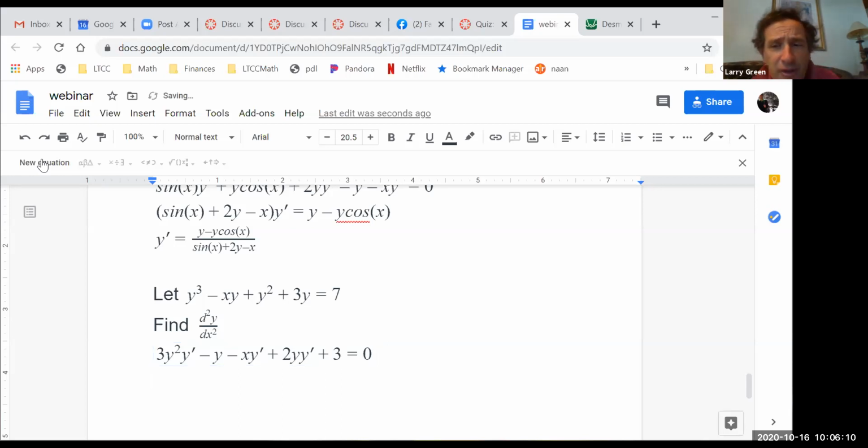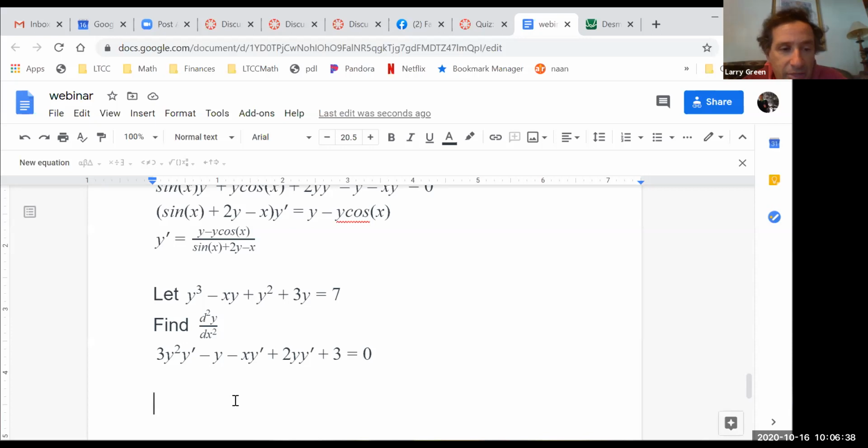Okay, there are a couple choices here, and I'm going to do it the little bit easier way, and that is to now just take another derivative implicitly. So let's do that. We've got to use the product rule.